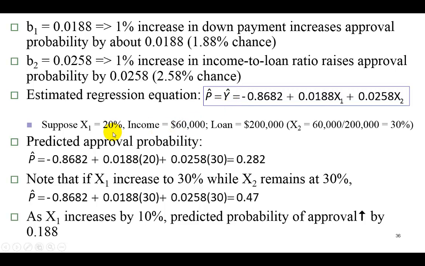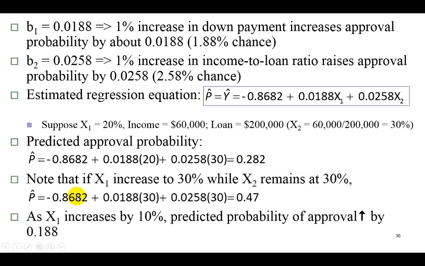So for example, say x1 is 20%, which is the down payment percentage, and this customer's income is $60,000 and the customer seeks a loan of $200,000. So as you can see, the income to loan ratio comes out to be 30%, which is x2. So plugging and playing, we find that the predicted approval probability comes to 0.282.